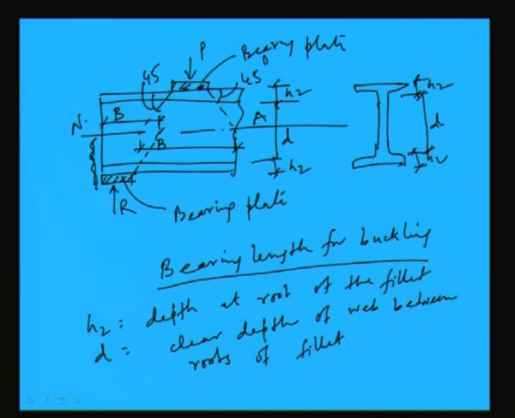So, we know H2, we know D for a particular section. Now, we can find out the effective depth of the web and the effective length. First, we will find out the effective length.